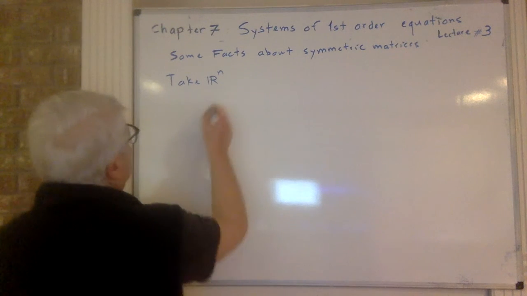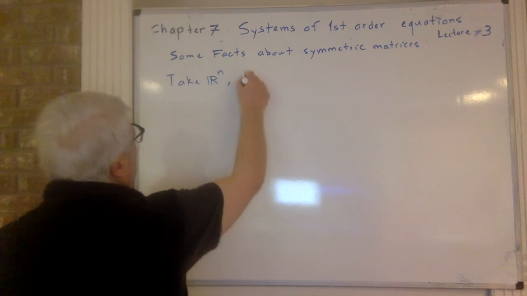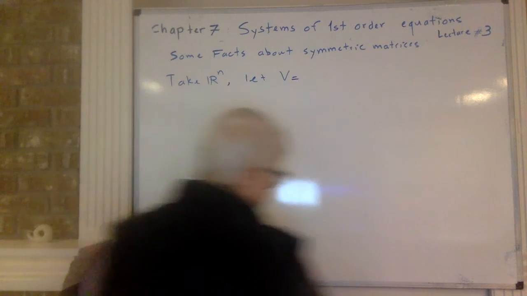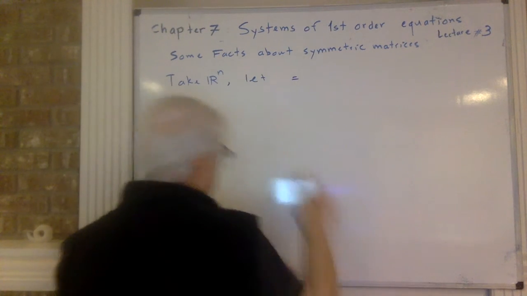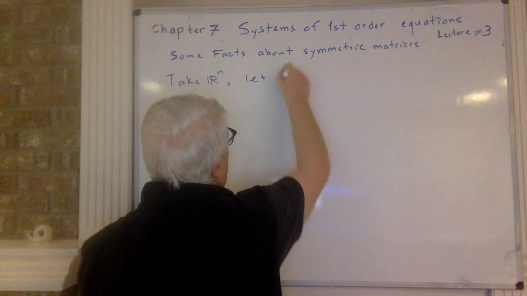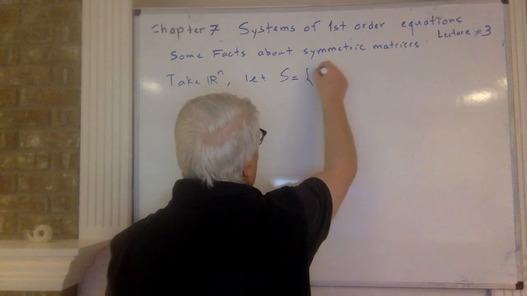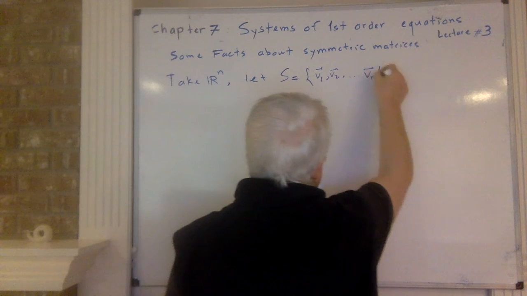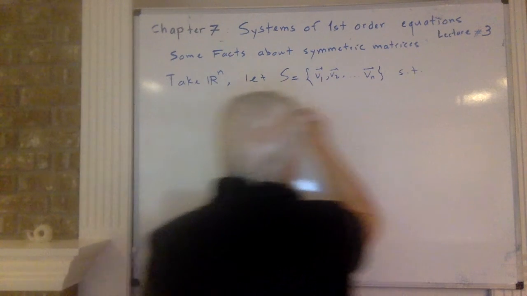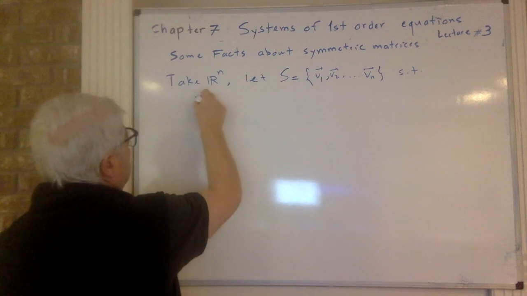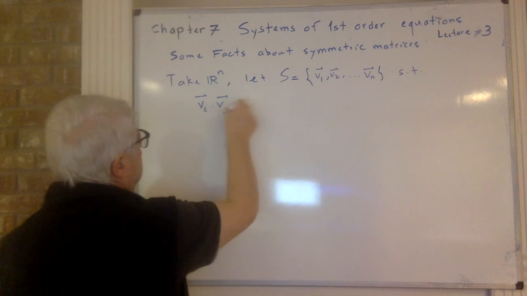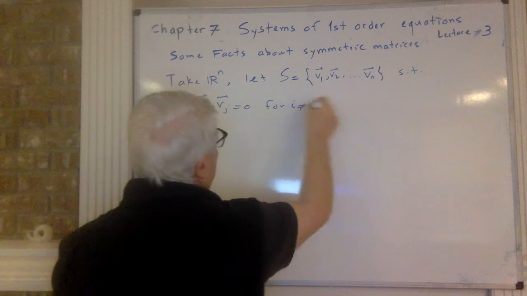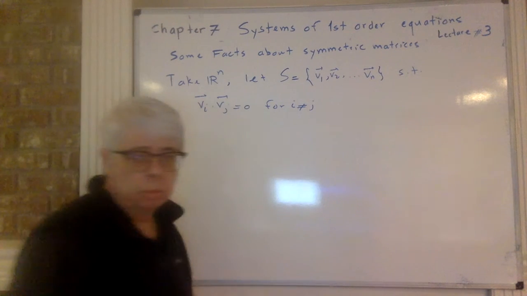So take Rn. Let S be the vectors V1, V2, up to Vn, such that Vi dot Vj is 0 for i not equal to j. Okay, so that is orthogonal.